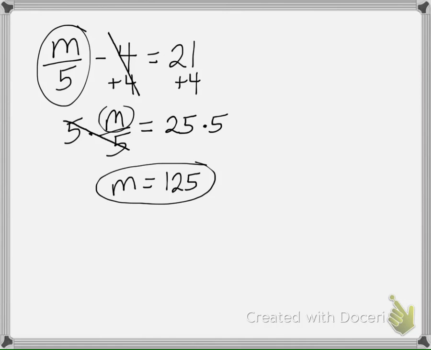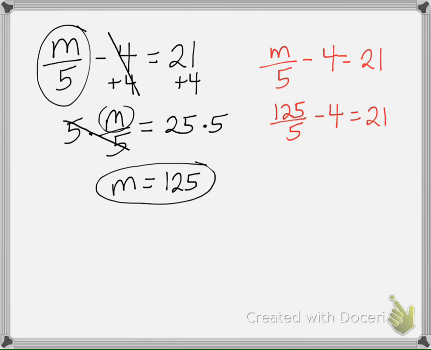I'm going to do one last check after this. I'll let you check them on your own, but I just want to make sure that we have a good idea of how they work. So my original equation was m divided by 5 minus 4 equals 21. I'm going to replace m with 125 because that's what I got as my solution. So I have 125 divided by 5 minus 4 should equal 21.